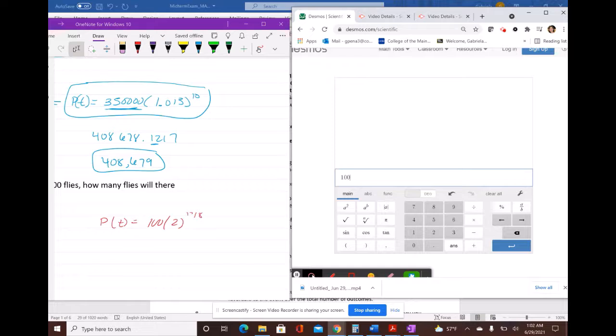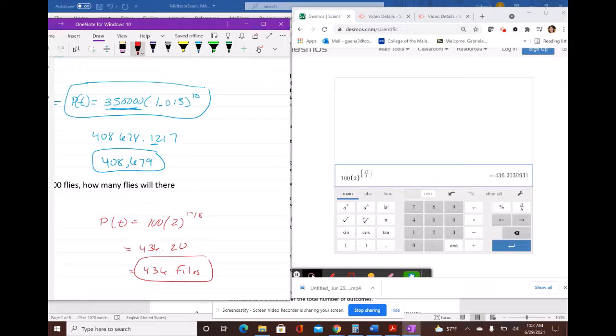I have 100, parentheses 2x, close parentheses, the exponent of parentheses 17 divided by 8. So when I get that, I get that we're going to have 436.2, which is 436 flies after 17 days.